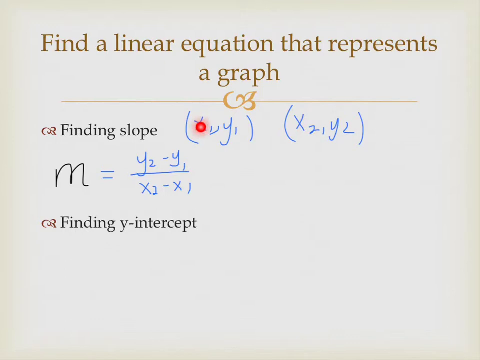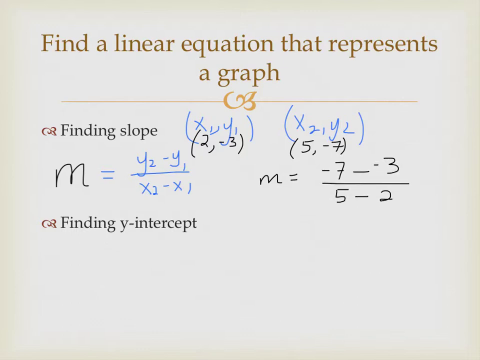So let's say that we had the points 2, -3, and 5, -7. The slope would be the change in y, so start with y2 minus y1 over x2 minus x1. Minus minus turns to plus, we have -4/3.